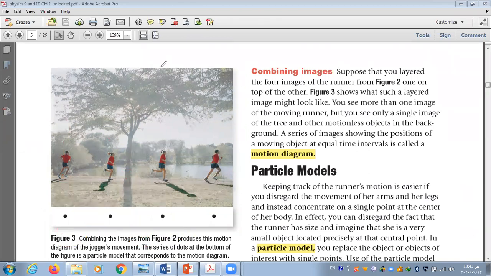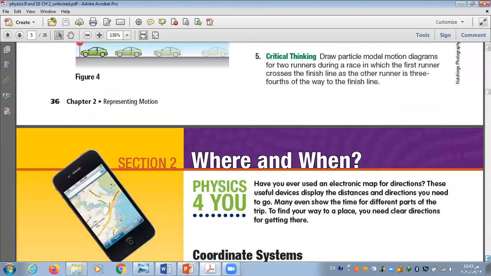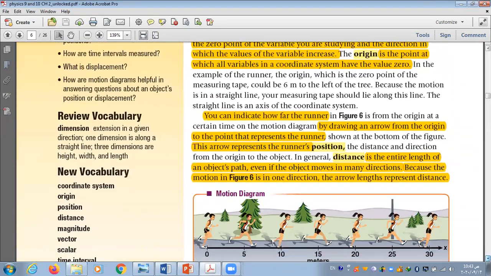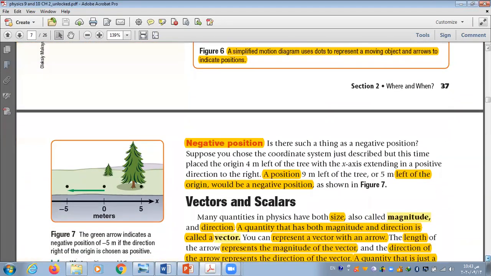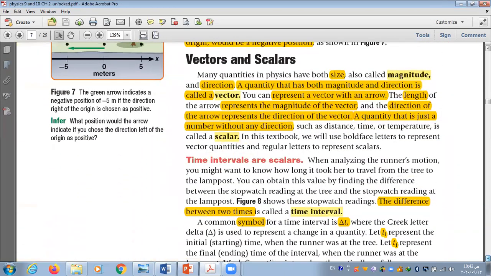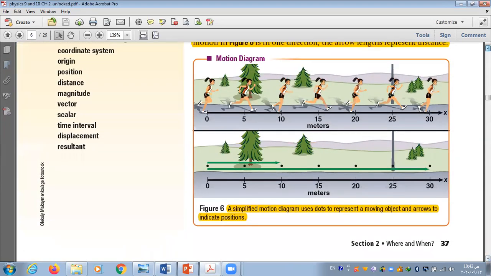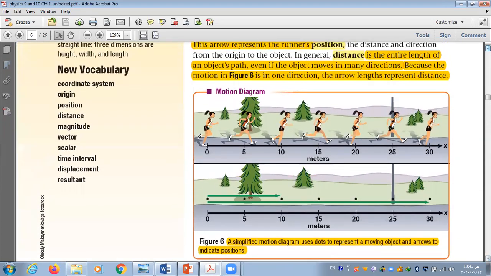So if we go down here, we finish part of the model. In this one, as you can see, he took this as the origin, so this is the starting point.